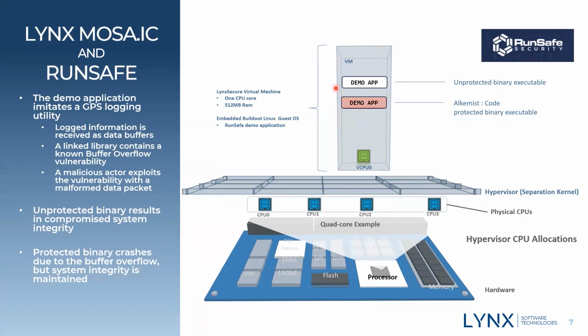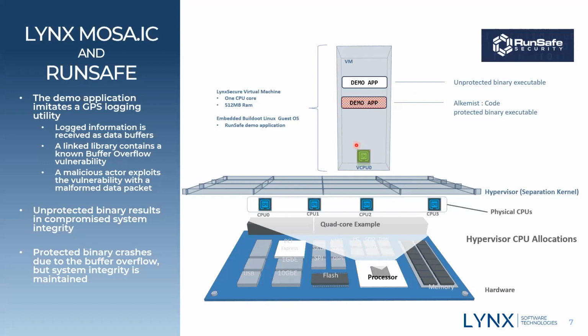That application has a buffer overflow vulnerability that a malicious packet of GPS information will trigger and try to compromise the integrity of the system. In the unprotected binary of the application, that malicious packet will in fact compromise the system and leave a breadcrumb around indicating that the system was compromised.